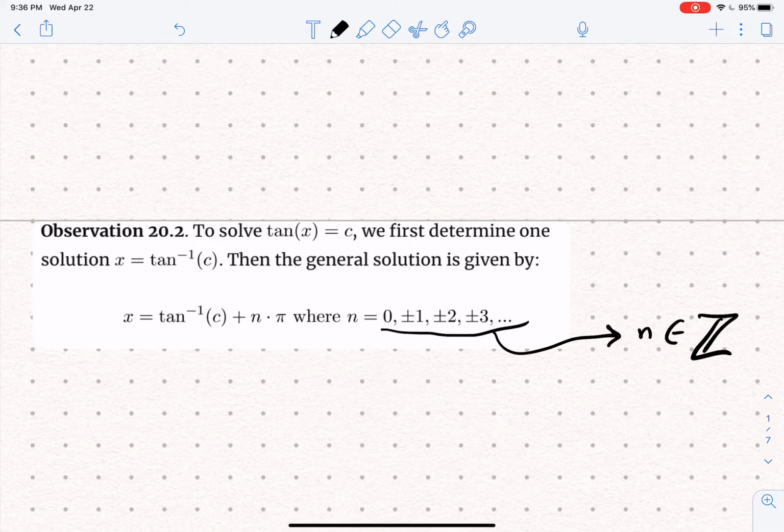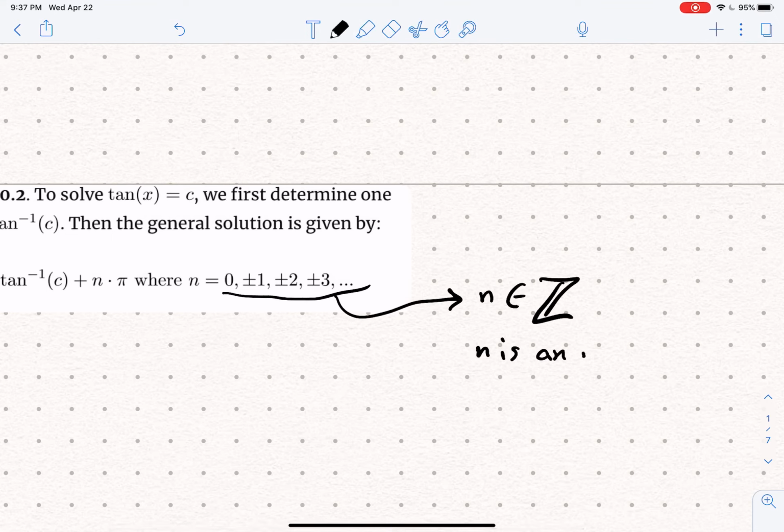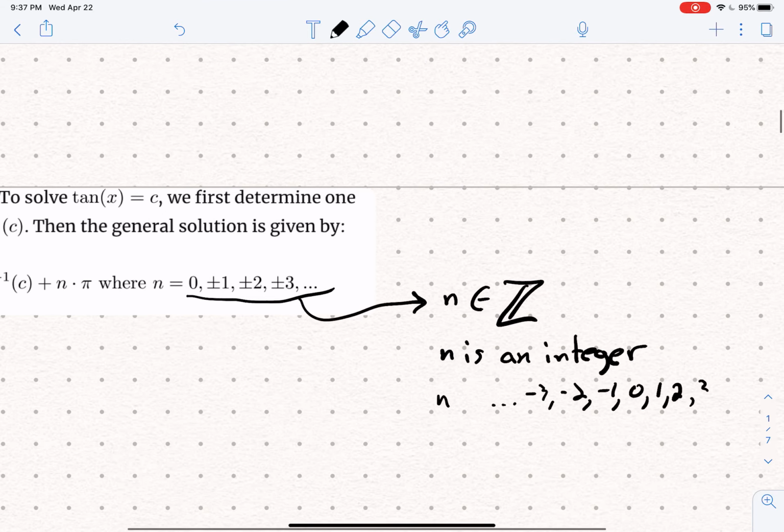And the integers are abbreviated with that big capital Z. But they just mean that n is in this set of numbers that goes minus 3, minus 2, minus 1, 0, 1, 2, 3, and so on. It keeps going in the positive direction and in the negative direction. N has got to be any of those numbers.